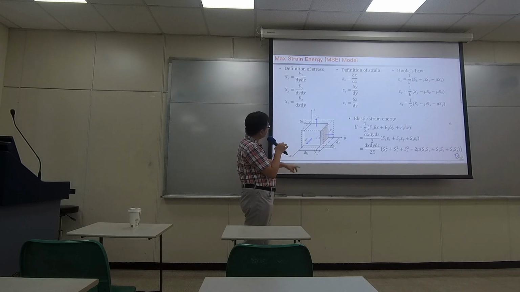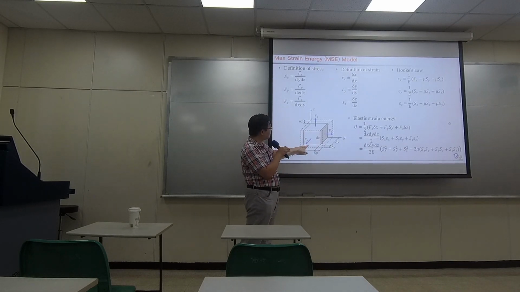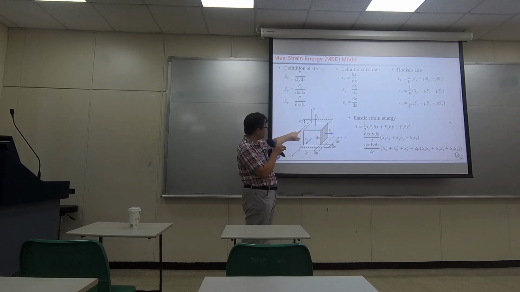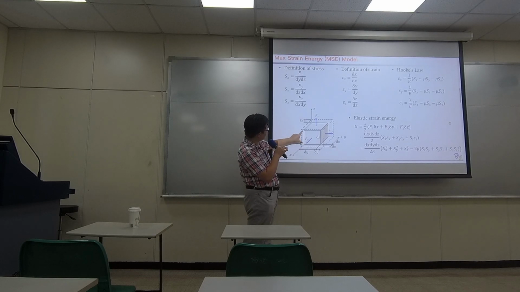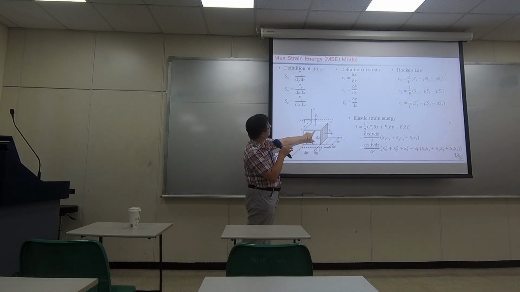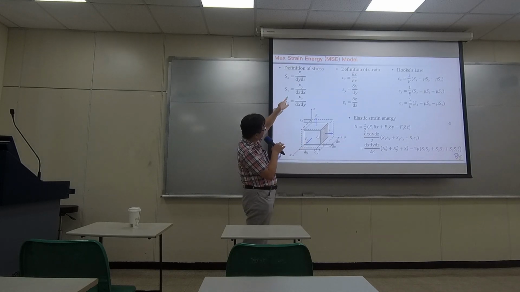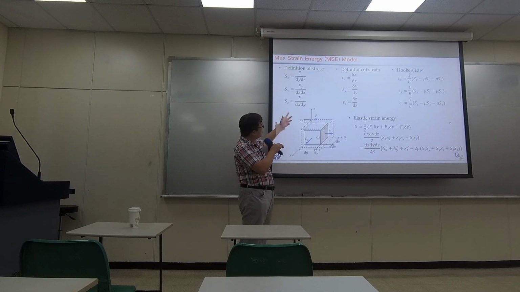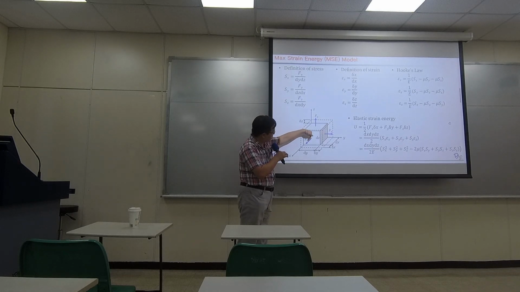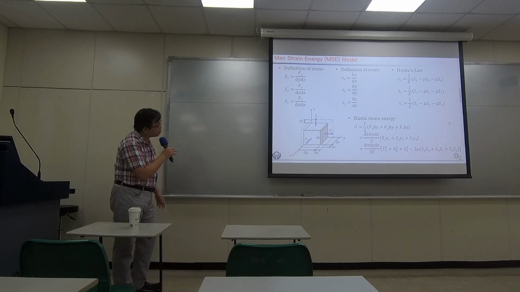Take the first one as an example. The size of this face is dy times dz. So the first equation, Fx divided by dy dz, gives you the principal stress along this particular direction. Similarly, you have the second one and the third one.